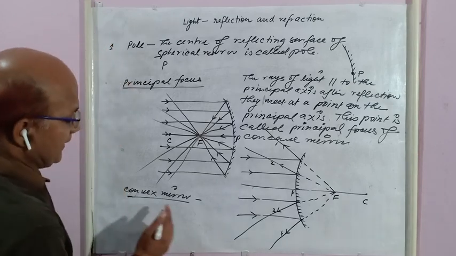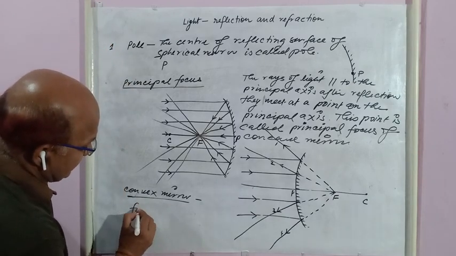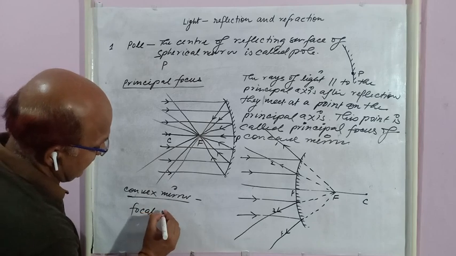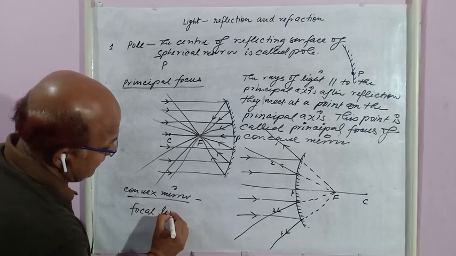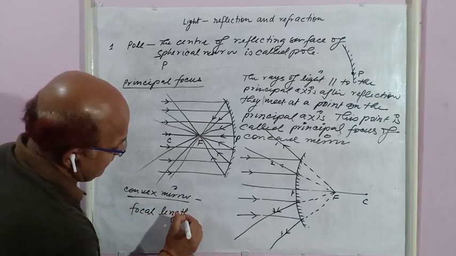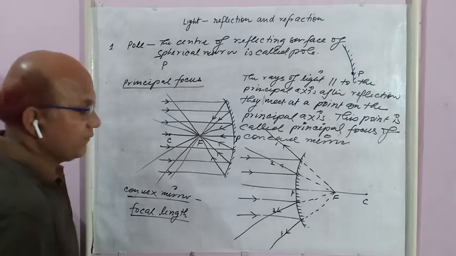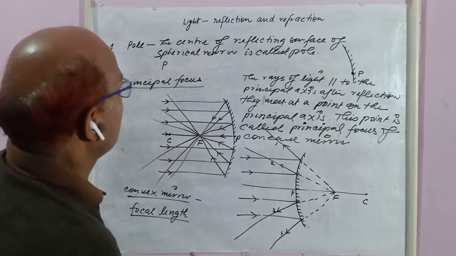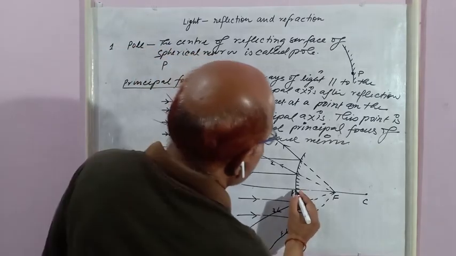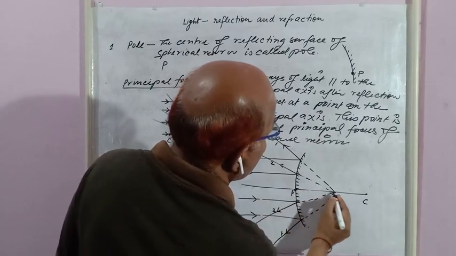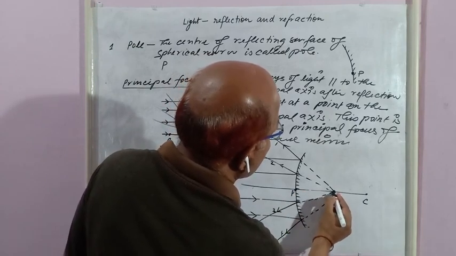Now the last point is focal length. What is focal length? You can see here, this is the pole and this is the principal focus.